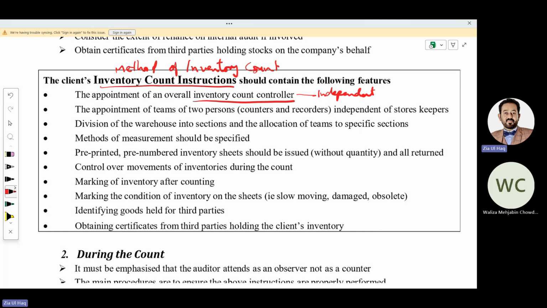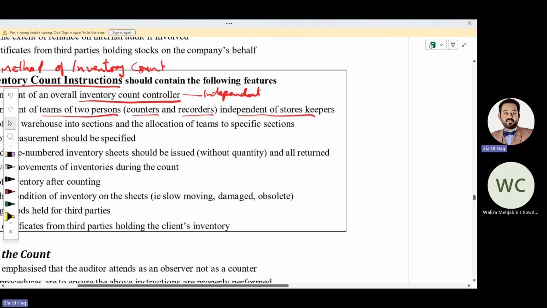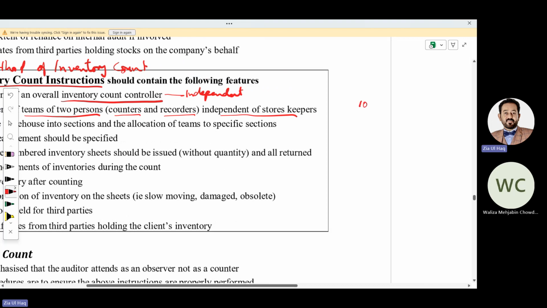And then for counting, there should be a team of 2 persons. One person will count and the other will record onto the sheets. And these persons should be independent. They should not be storekeeper or warehouse staff. If warehouse staff is involved in inventory count, what will happen? Suppose they have counted some units of inventory as 10, and they know 2 were used for their personal use, but they will write 12 on the sheets.